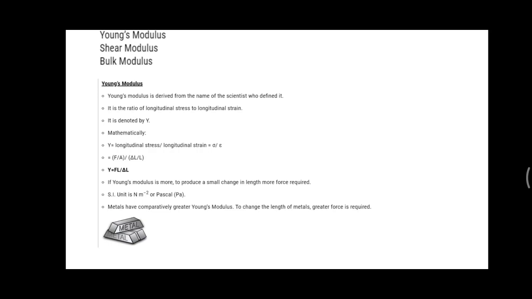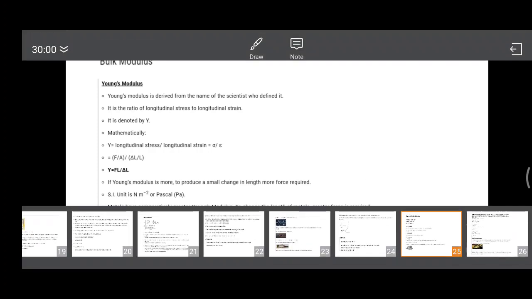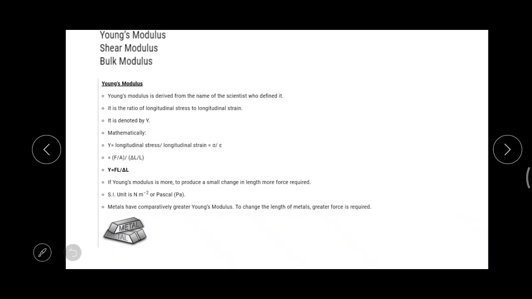So that is F by A divided by delta L by L. So we can write the Young's modulus as Y is equal to F L divided by delta L A. This is the Young's modulus.